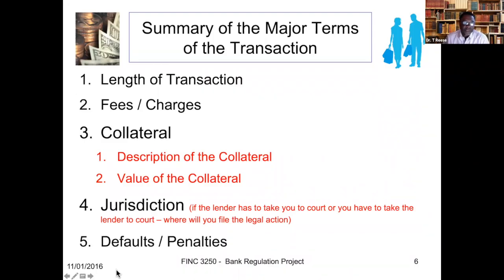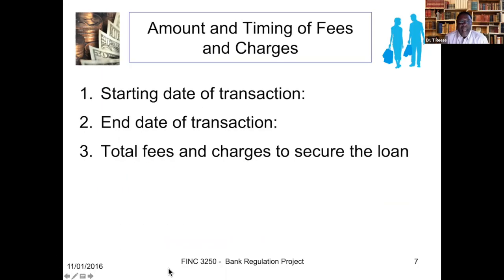Last but not least, you're going to determine what, if any, penalties the customer has to pay if there's some default or failure to comply with the contract. I would suggest as a starting date for your transaction, August 1st, and an ending date for your transaction, September 30.